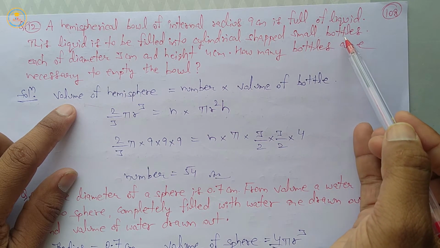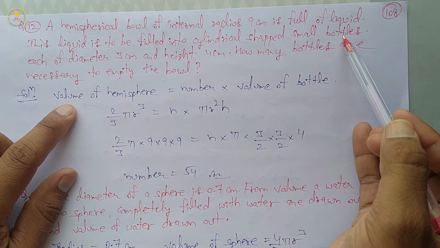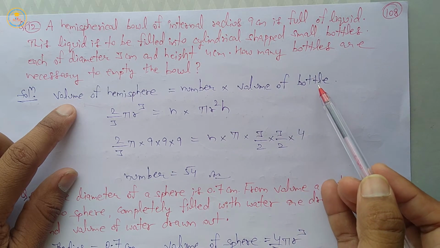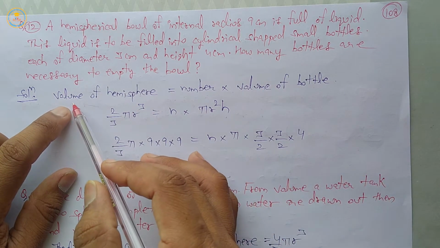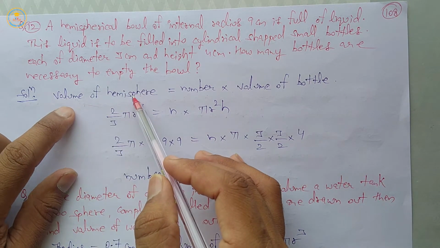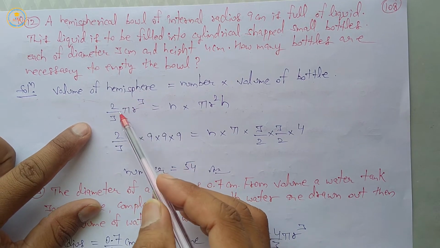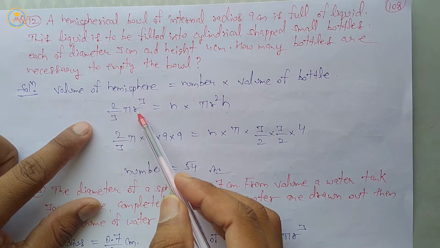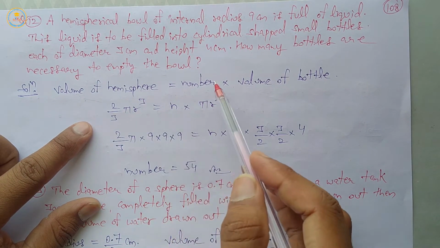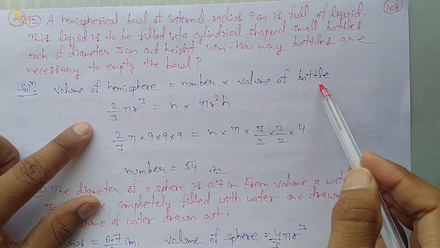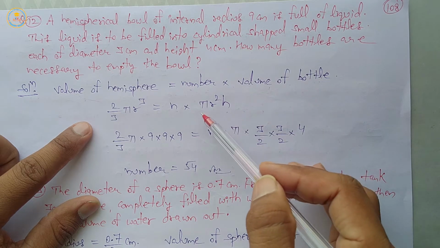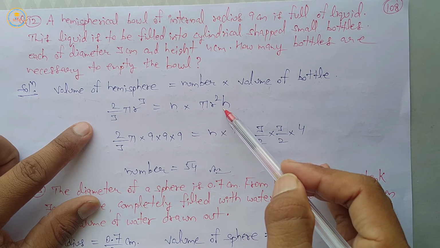We know the bottle shape is cylindrical. Now, according to the identity, volume of hemisphere is 2 upon 3 pi r cube, equal to n, and volume of bottle, which is cylindrical, is pi r square h.